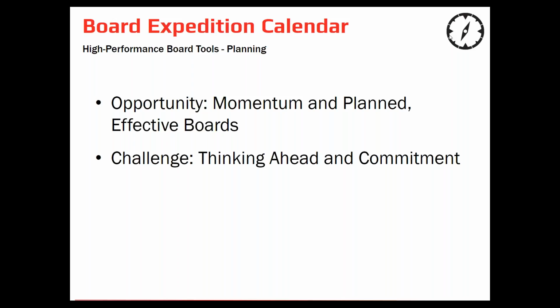Which means by the time you have the board meeting, there's a lot of thought and care that's gone into the discussion, and you can really maximize this very short amount of time that the board sits together.